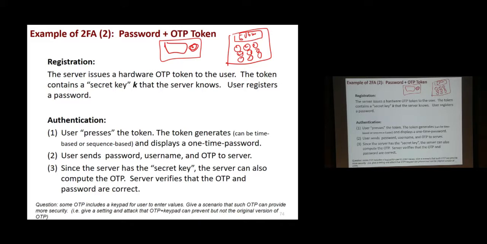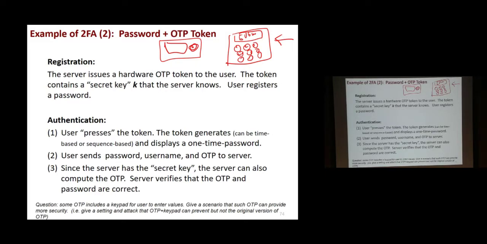So now the question, or some exercise for you, is to think of a scenario where this is more secure. As we mentioned quite a few times, how do you decide that a scheme is more secure than the other?